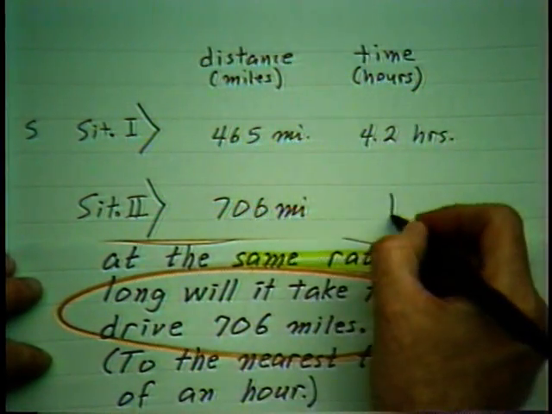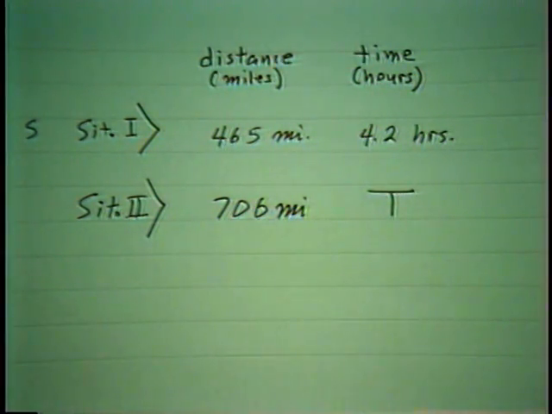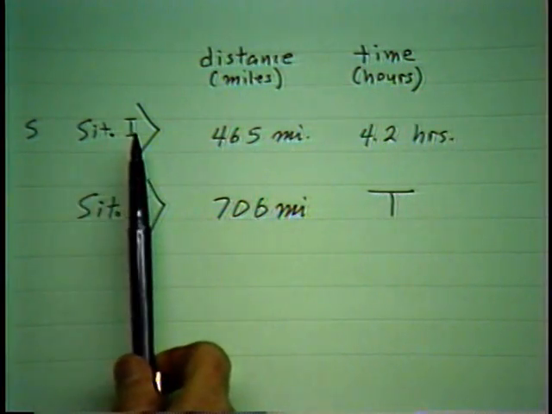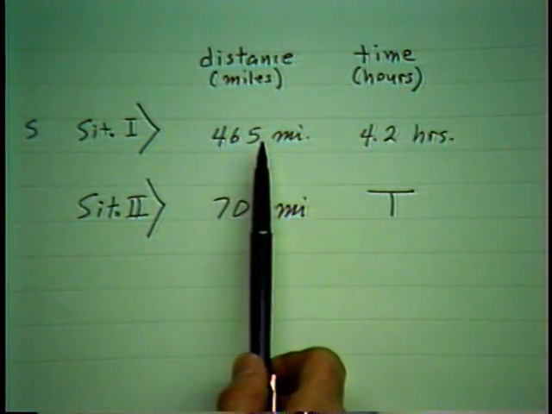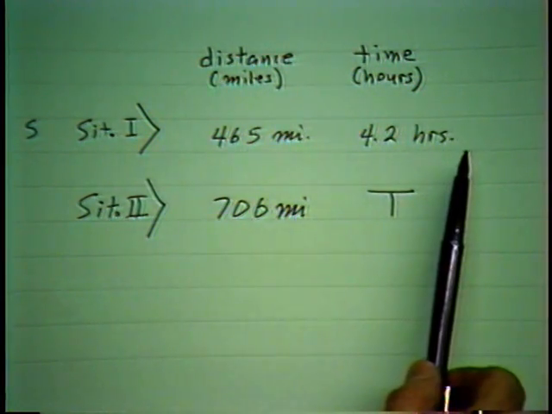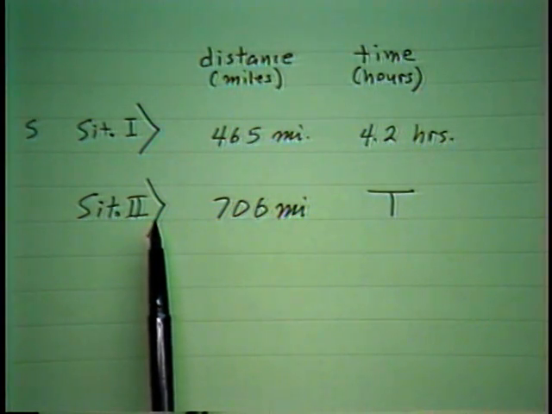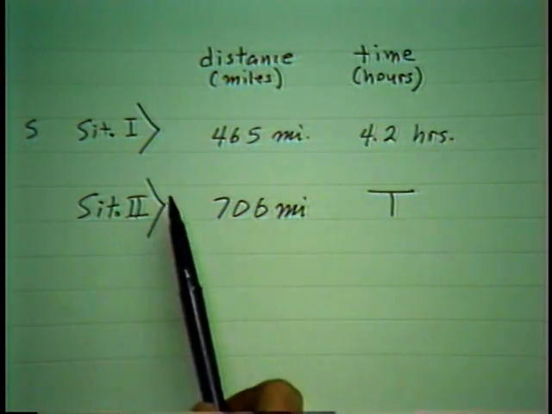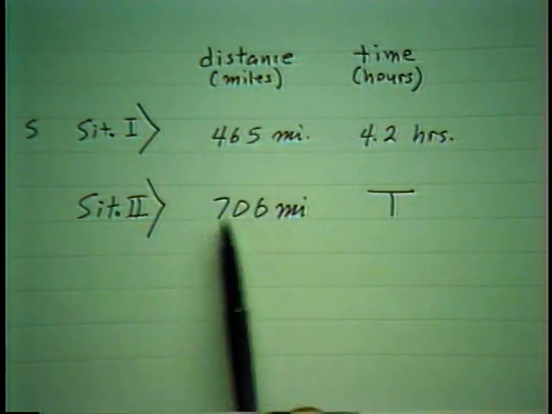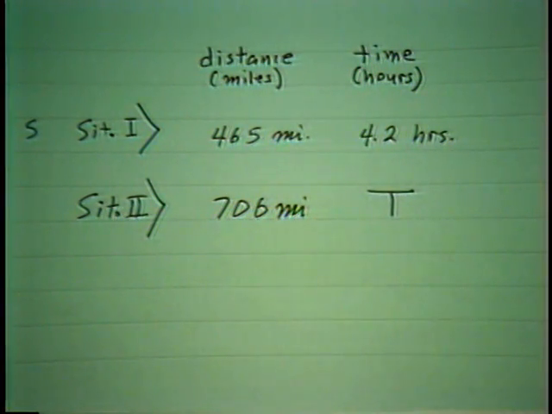So let's use T for time, or H for hours, or X for an unknown, or an N for number. But the important thing is this. We have a situation, 465 miles in 4.2 hours. This order was unimportant as long as the next situation has the same order. So distance, distance, time which is known, time which is unknown.